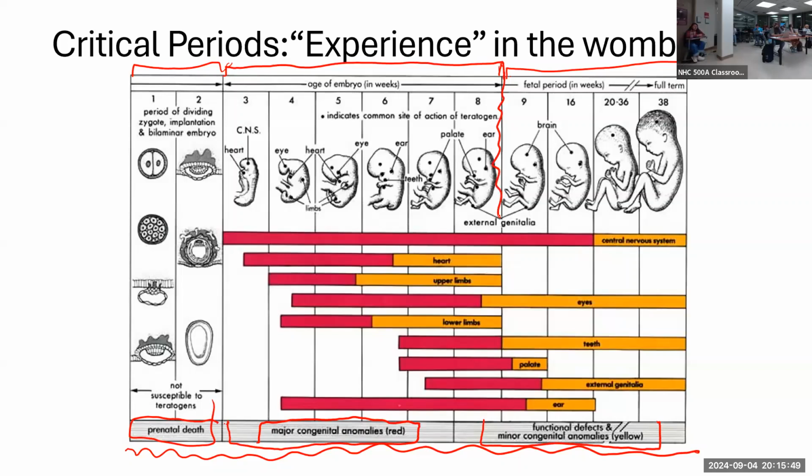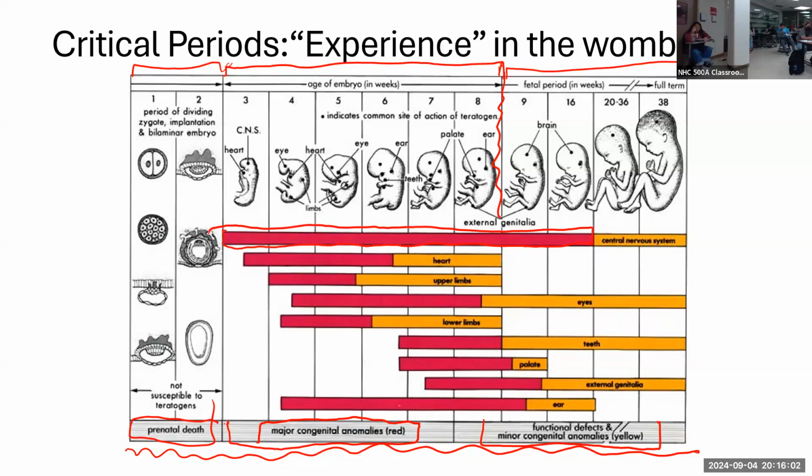So what's developing? Look at here, major anomalies if something happens during the first 16 weeks. This is brain and central nervous system. Remember what's happening. Those neurons are migrating and differentiating.